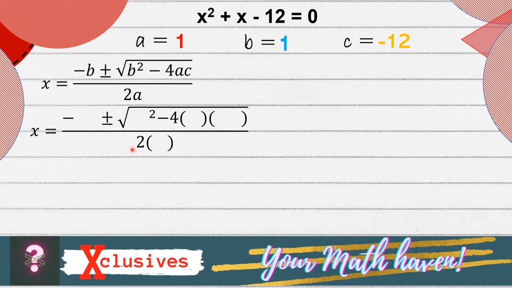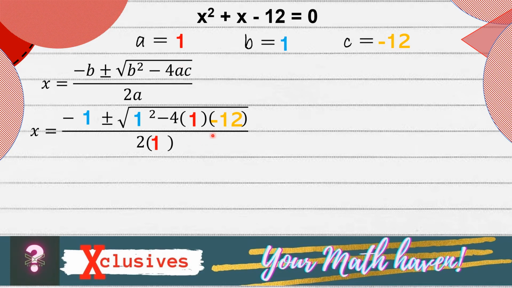Our b is 1, so we have negative 1 plus minus the square root of our b is also 1, so we have 1 squared minus 4, and our a, that is 1, times c, that is negative 12, all over 2a, and our a, that is 1.